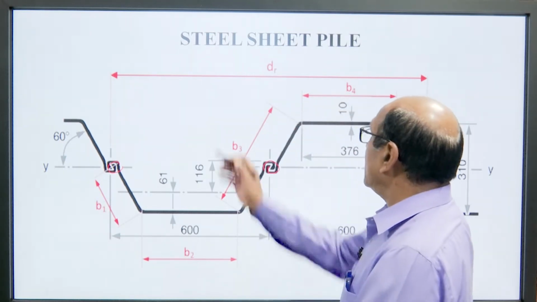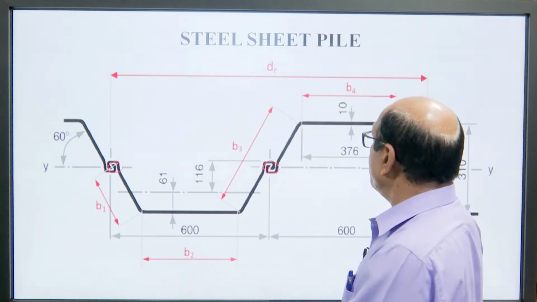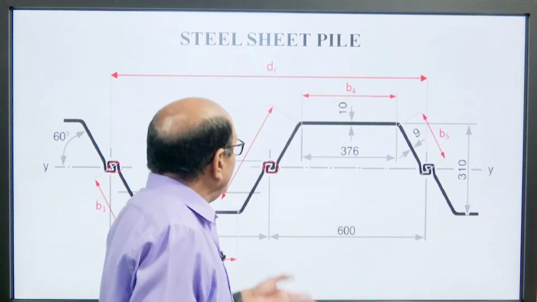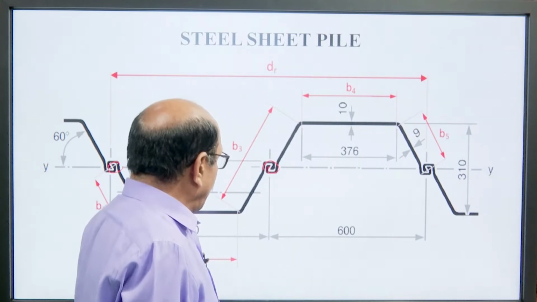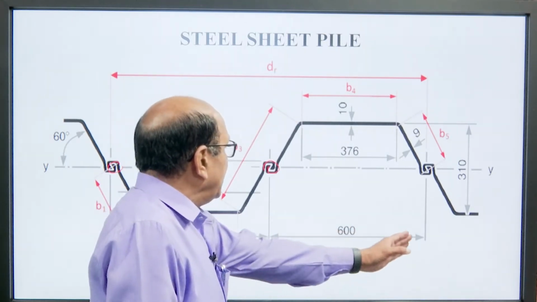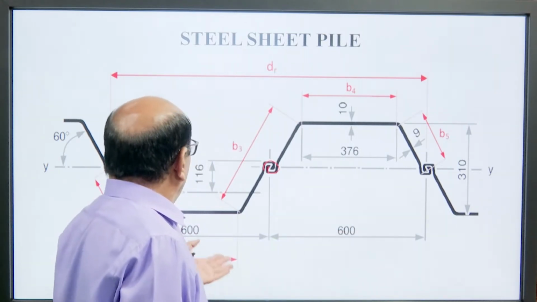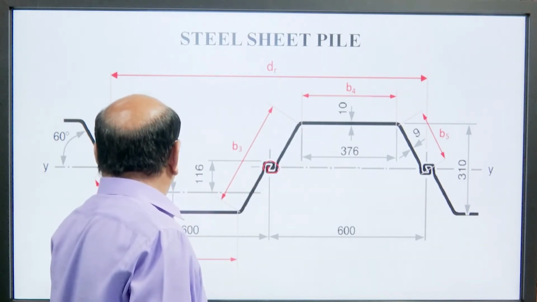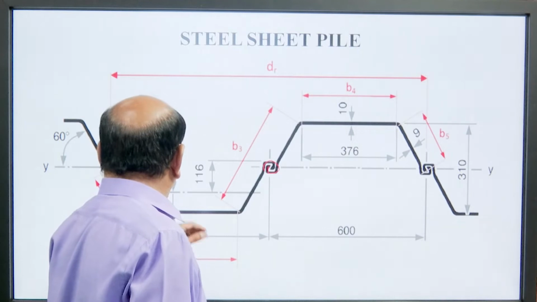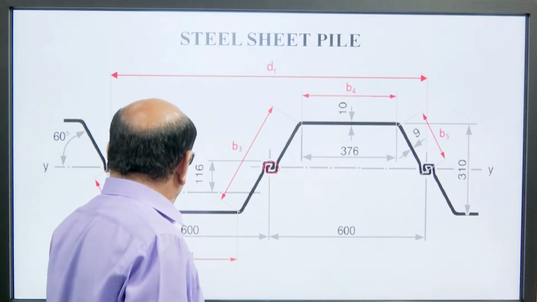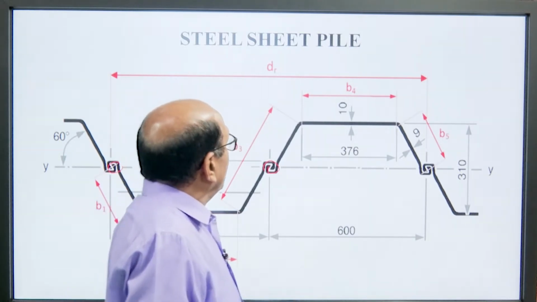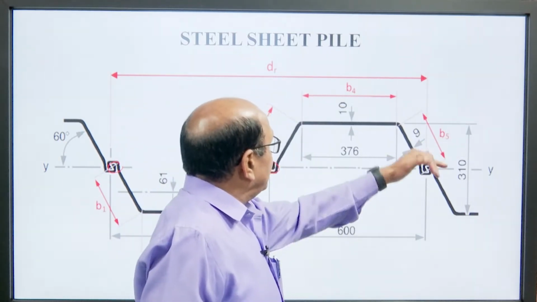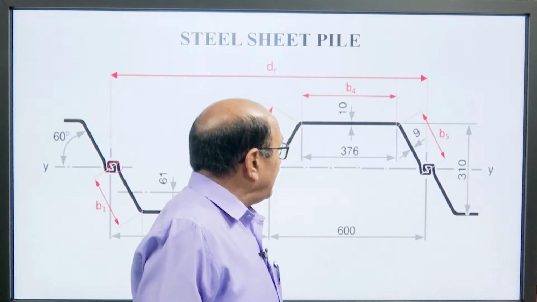So, we can see here this is the specification: 376 mm, 600 mm from here to here, this has 116 mm, this has 61 mm, 600 mm, this is B2, this is B4, the B5, this is 9 mm, 310.